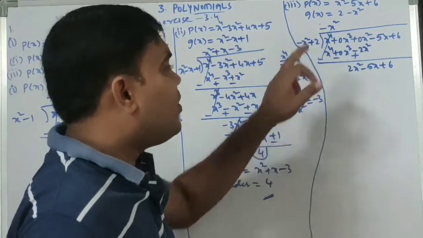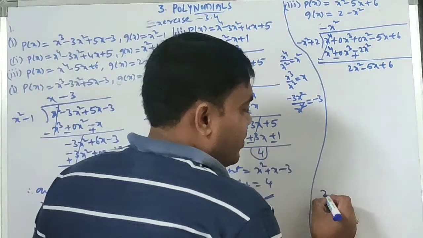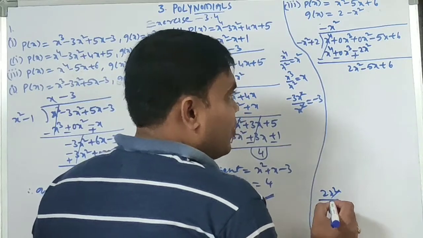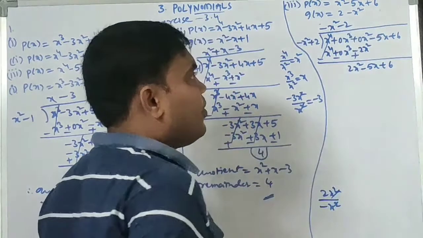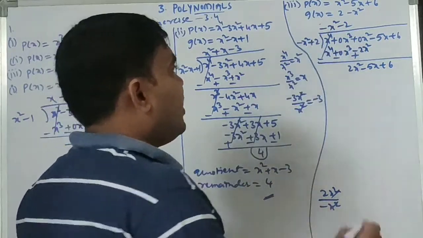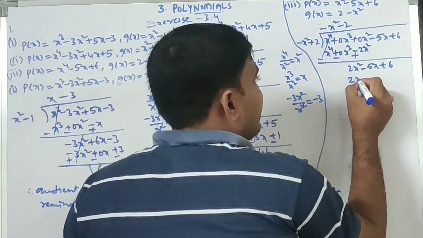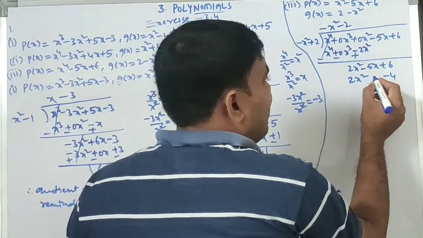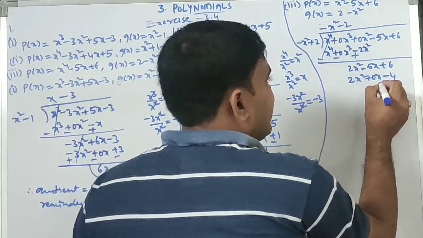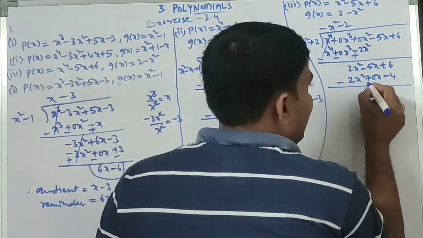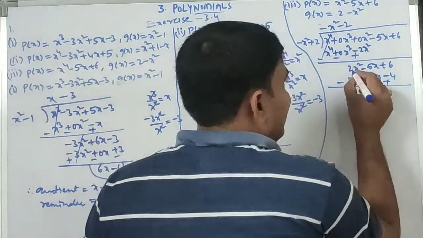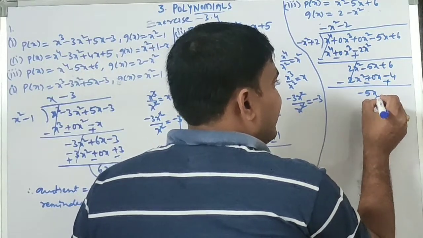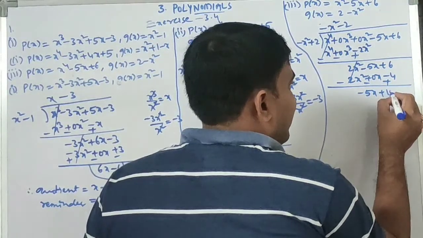So 2x square by minus x square, x square cancels, 2 by minus 1, minus 2. Minus into minus plus, x square into 2, 2x square. 2 into minus 2, minus 4. There is no x term in between, so plus 0x, minus plus, 2x square cancels. Minus 5x minus 0x, minus 5x. 6 plus 4, plus 10.